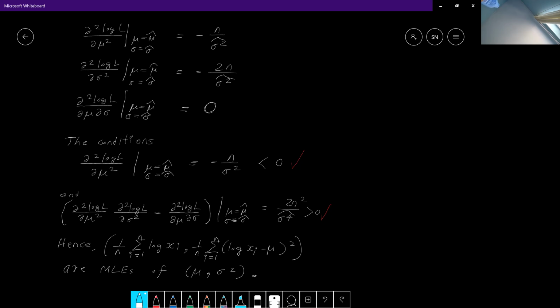So I just did two examples on how to find MLEs when you have a distribution that has two parameters, like the normal distribution, the log normal, the beta, the Gumbel or the Laplace. There are so many distributions in statistics that have two parameters, so you can apply this procedure to find the MLEs.